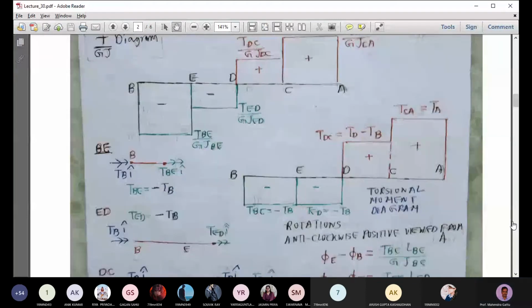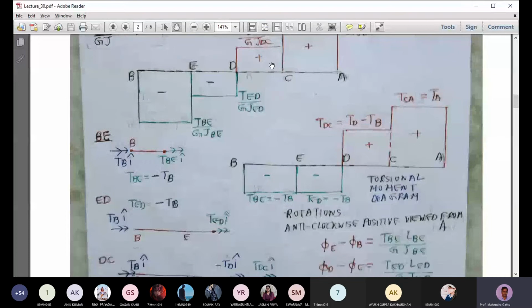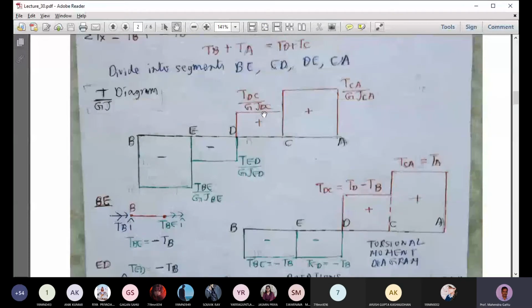The J value for that solid section will have some value, and after that the area of cross section has increased, so the J value will increase, so T by GJ will reduce. So we have that portion here, TED by GJED, and then here we have TDC by GJDC, which will give some curve, and TCA by GJCA will give another horizontal line. So this is the T by GJ diagram.